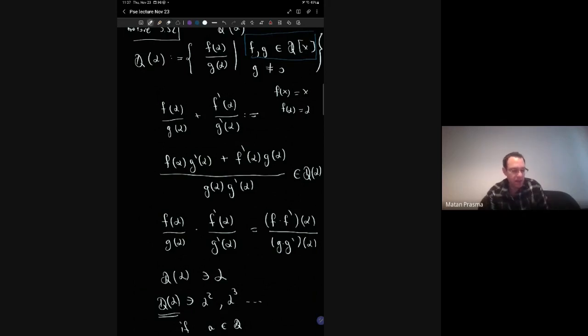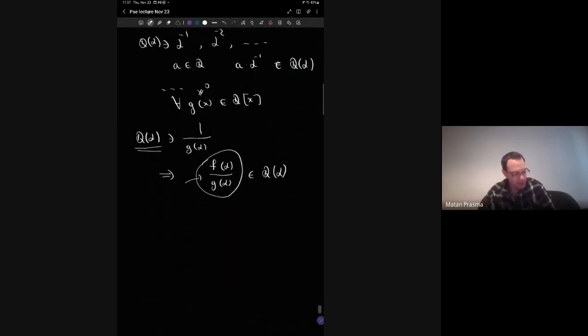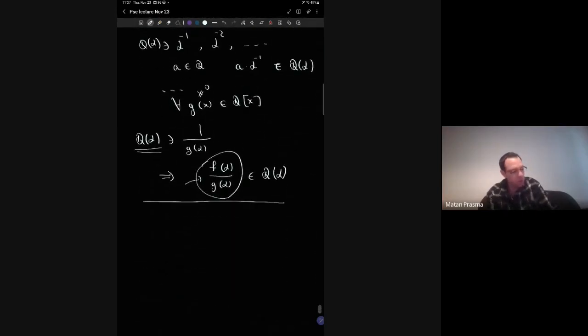And the inverse, if I want the additive inverse of an element of this form, well, I have it. This is simply, let's say you put a minus on the numerator.